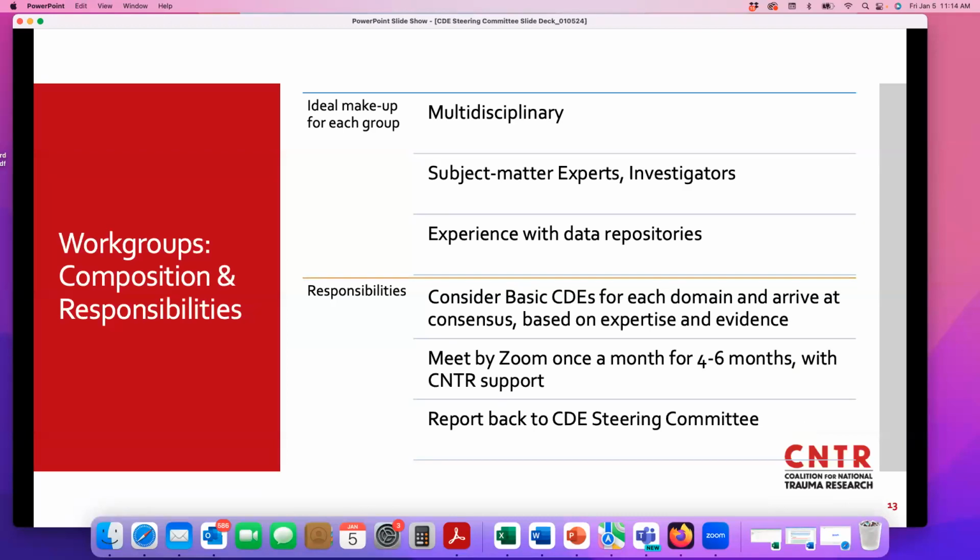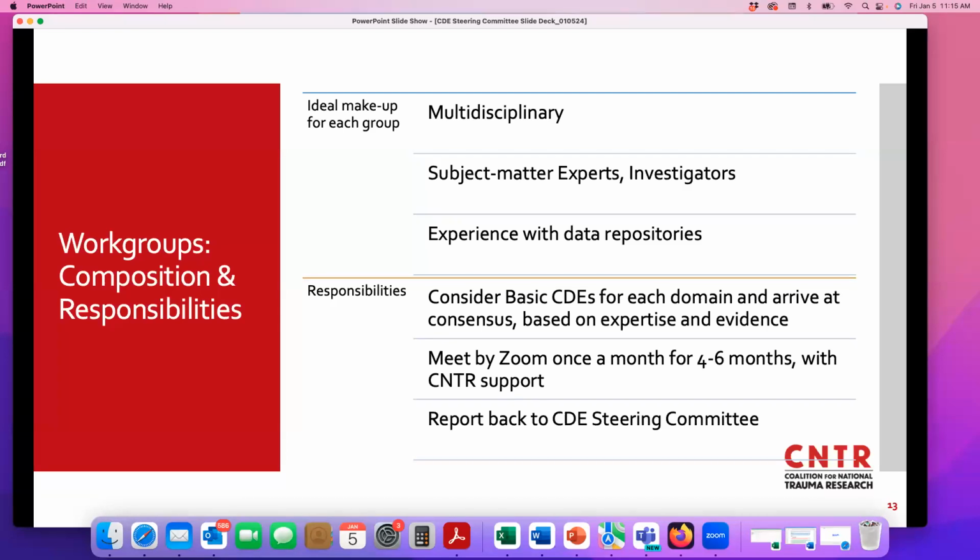And the makeup of each of those work groups has really come across quite nicely as far as being multidisciplinary subject matter experts, and really worked on people with differing opinions and even different geography, right? East Coast, West Coast, middle of the country, because their practice is a little bit different and the people they see are different. So that has worked out quite well.